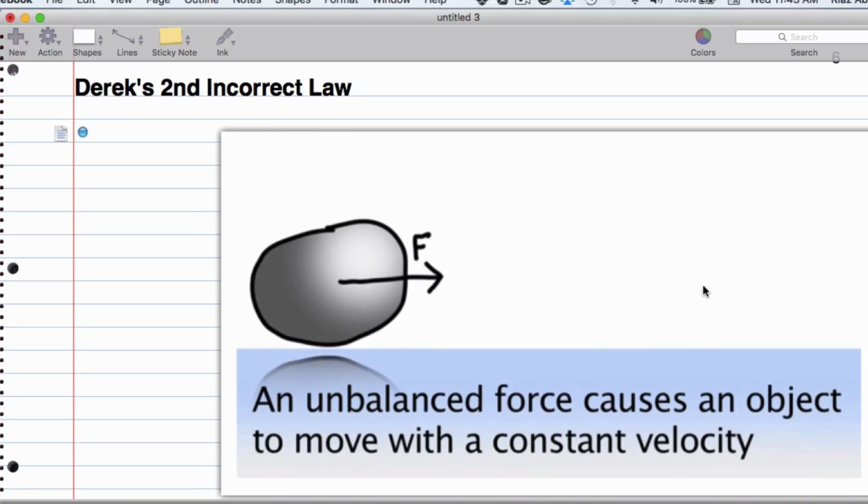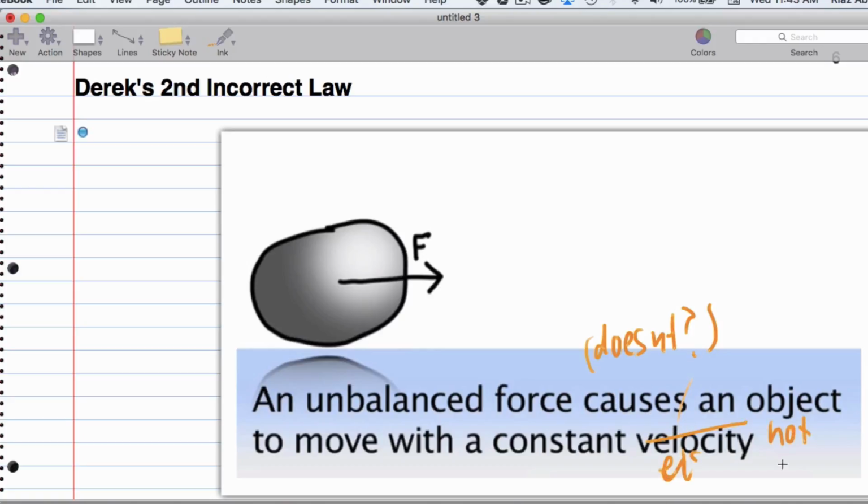Next one: an unbalanced force causes an object to move with constant velocity. Interesting. So the correction here came in many different forms. Some people simply said doesn't cause an object, or is it constant something else?